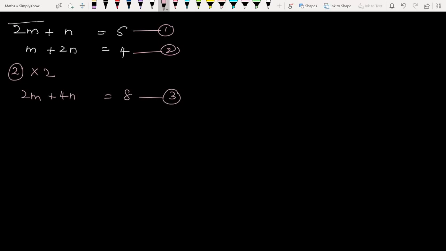Now our coefficients of m is equal. And the signs are same. Therefore, I need to deduct. So I'm going to deduct first equation from the third equation.